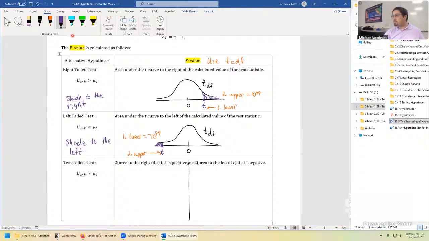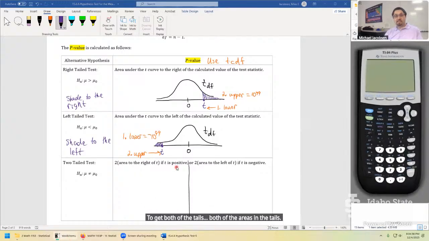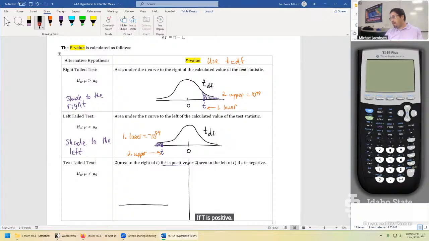Okay, the way we get the p-value is literal when it says two-tailed. If you find the one-tail area, you actually double it to get both of the areas in the tails. But doing this mechanically, it really looks like this. Figure out where t is. If t is positive, your diagram is going to look like this.